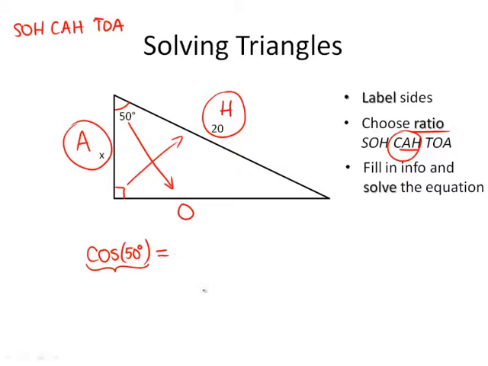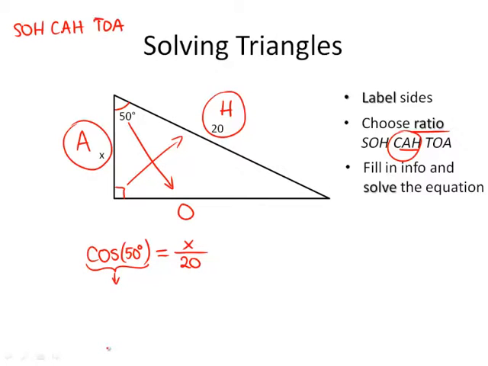And we know that in our picture, our cosine of 50 is relating our adjacent, which is our unknown, over our hypotenuse, which is 20. So this proportion should equal the grand proportion that works for all triangles of 50 degrees.